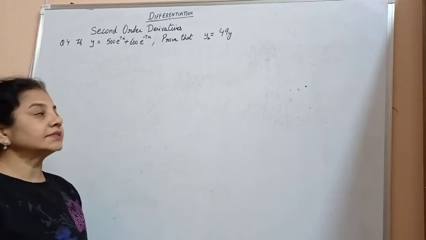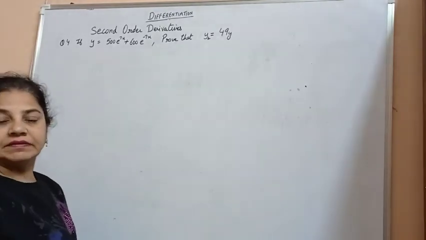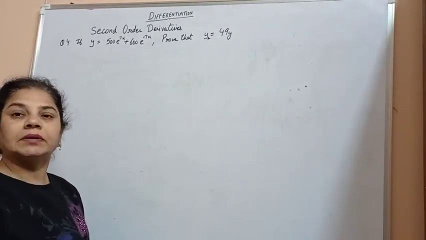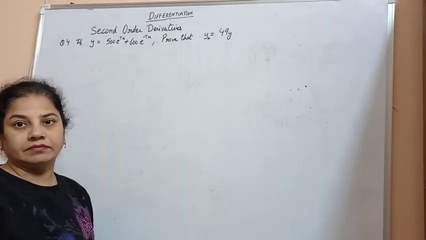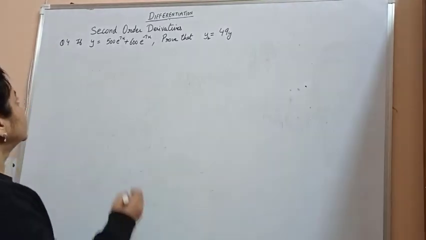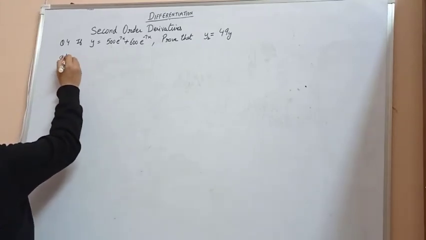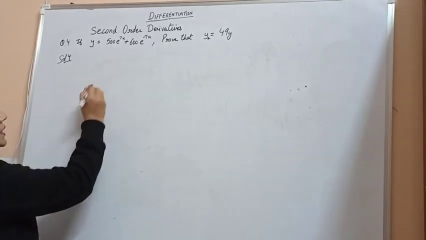The function y is given as 500 e to the power 7x plus 600 e to the power minus 7x. We have to prove that y2 is equal to 49y. First of all, we differentiate with respect to x.